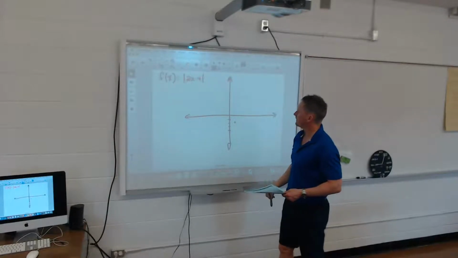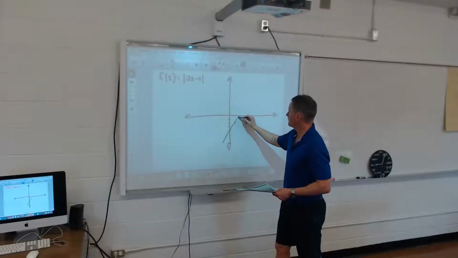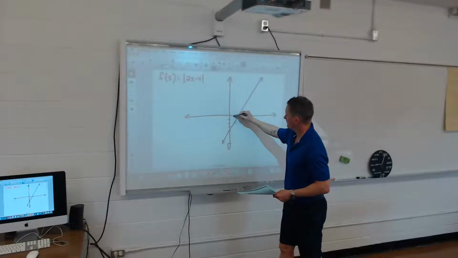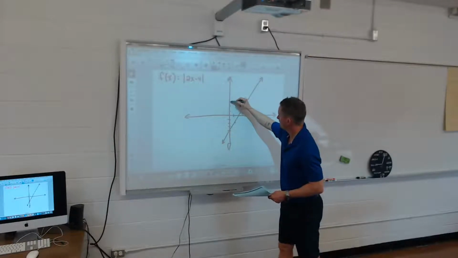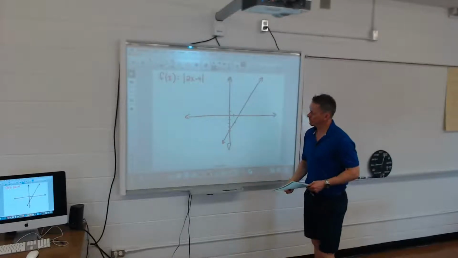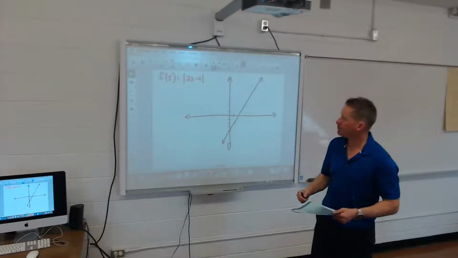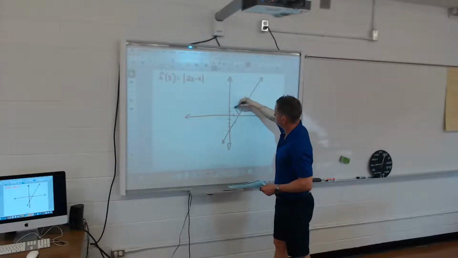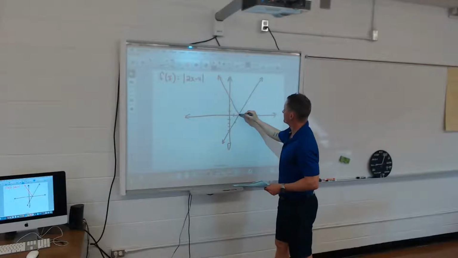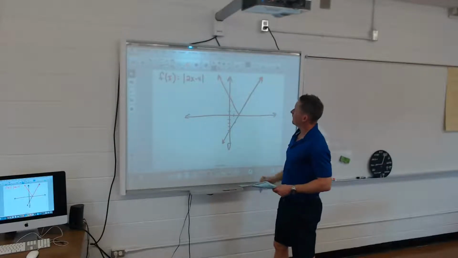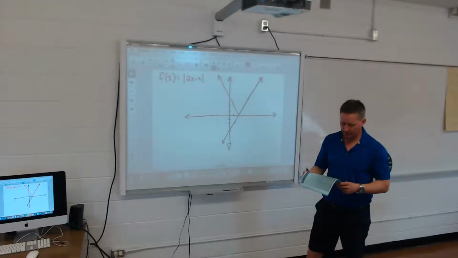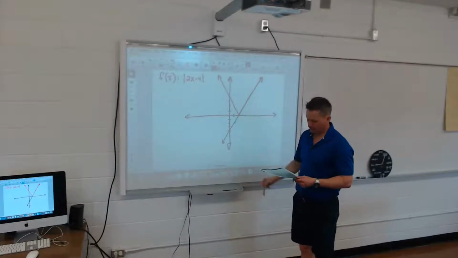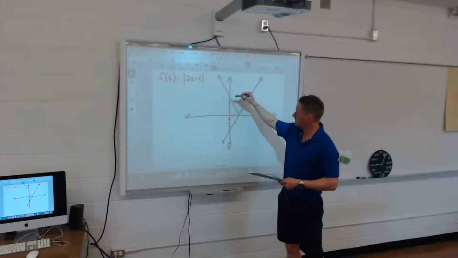Right there. So the original graph, y equals 2x subtract 4. Now I flip it. And there I have the absolute value of 2x minus 4. It says determine the intercepts. The x-intercept is 2 and 0. The y-intercept in this case is 4.